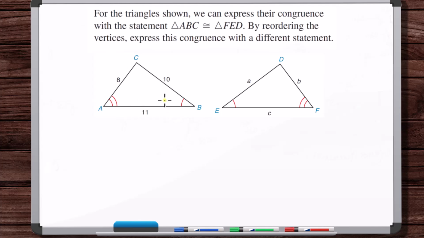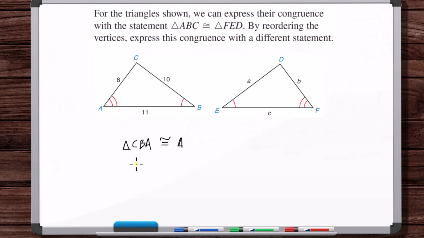This is triangle ABC, but we could call this triangle CBA, for example. That's fine. But we know that this triangle is congruent to this triangle, so by naming this triangle CBA, the order actually matters here. If you're going to state that two figures are congruent, it's important that you match up the corresponding vertices correctly.